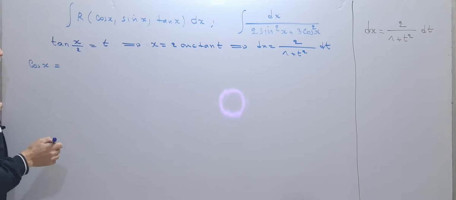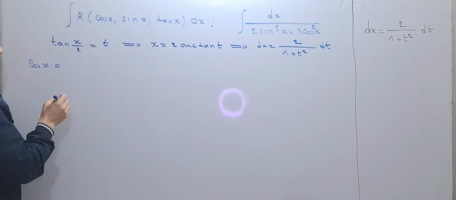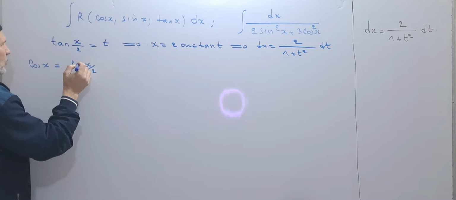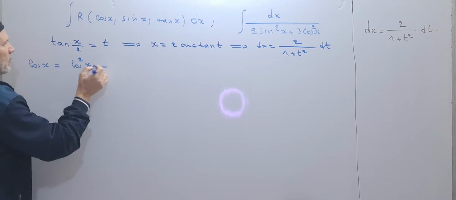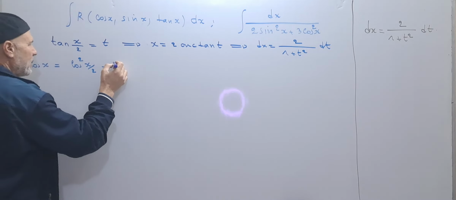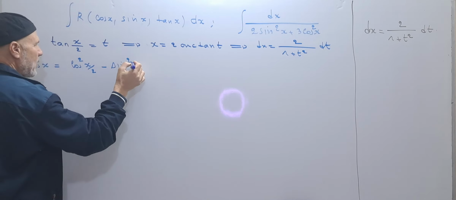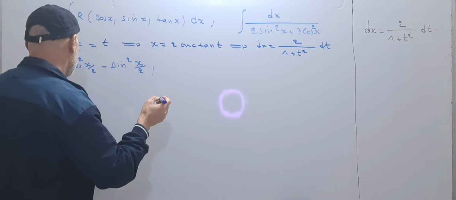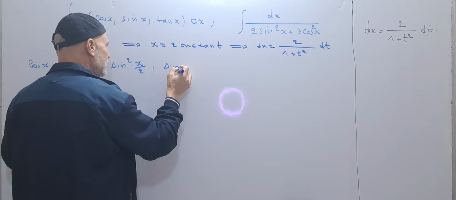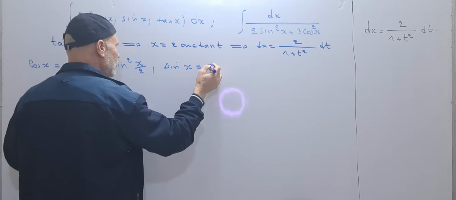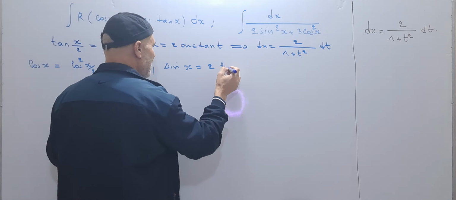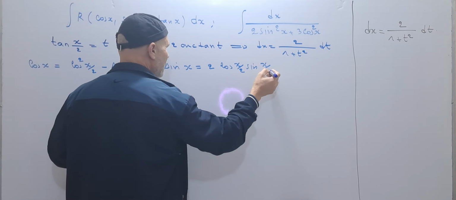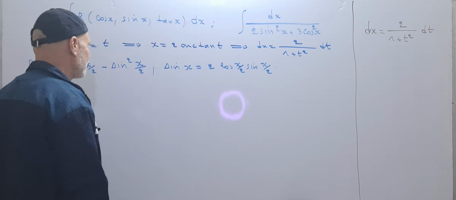Cosine x is equal to cosine square x over 2 minus sine square x over 2, and sine x is equal to 2 cosine x over 2 sine x over 2.